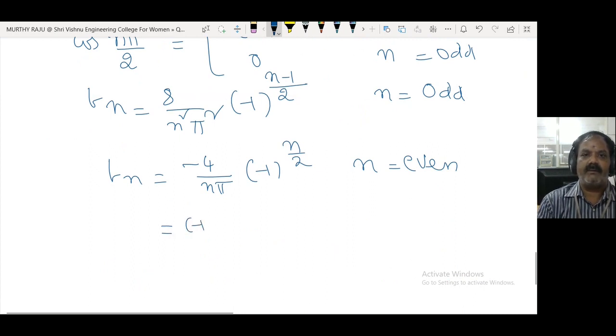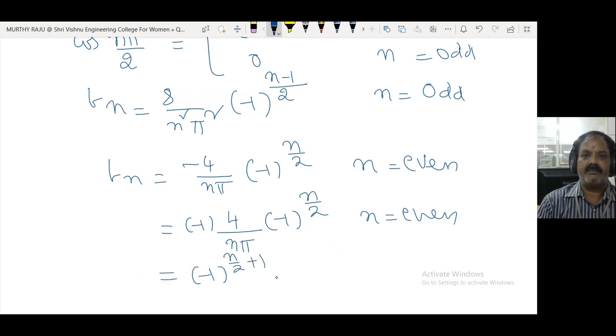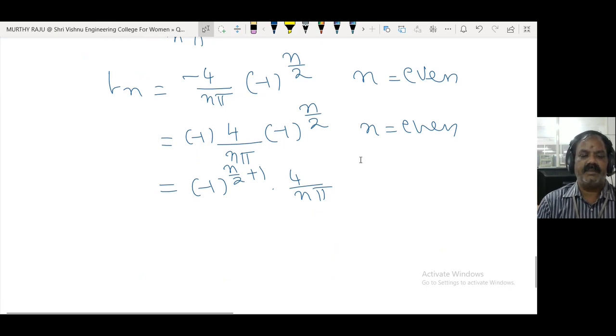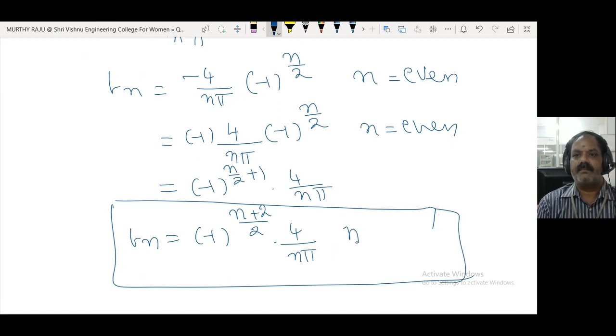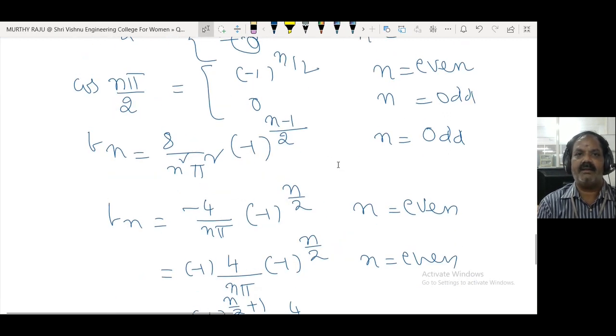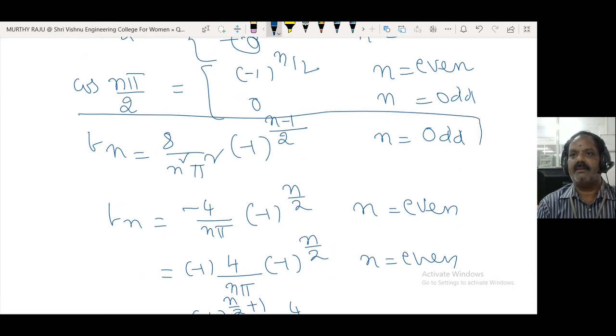Minus 1 whole power n by 2 plus 1, 4 by n pi, that is equal to minus 1 whole power n plus 2 by 2 into 4 by n pi. This is for n even. For n is odd, the value of Bn is this one.